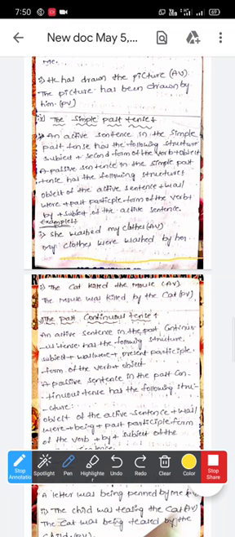This is the structure: object of the active sentence first, and the last subject of the active sentence, and then was/were, and then past participle of the verb. Washed means past, completed.